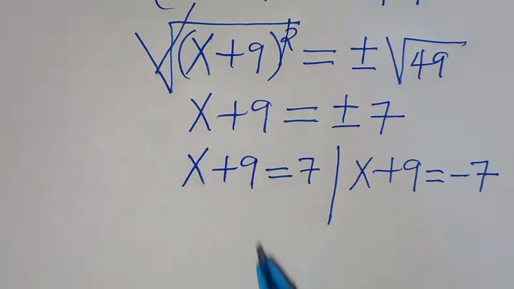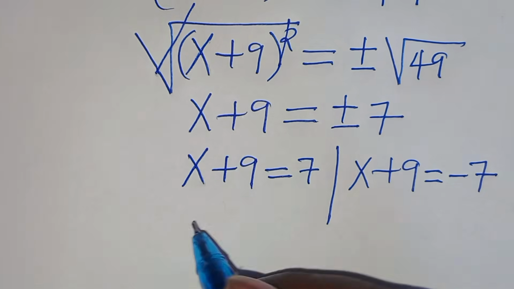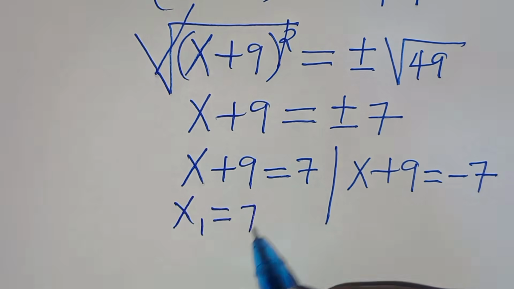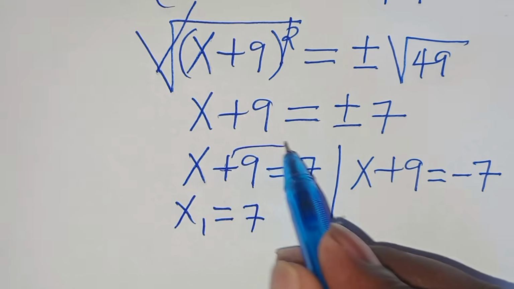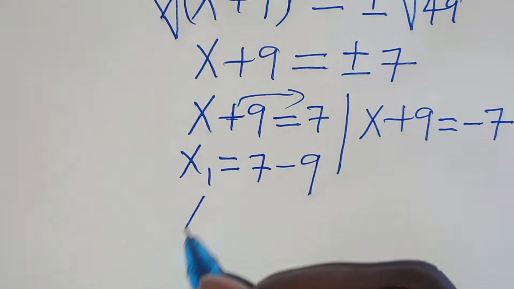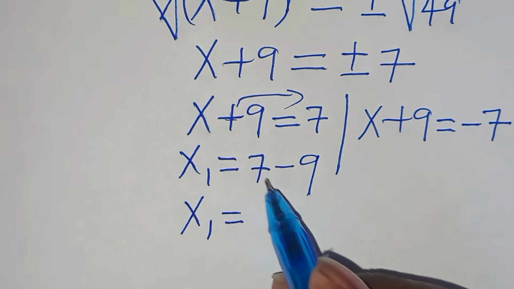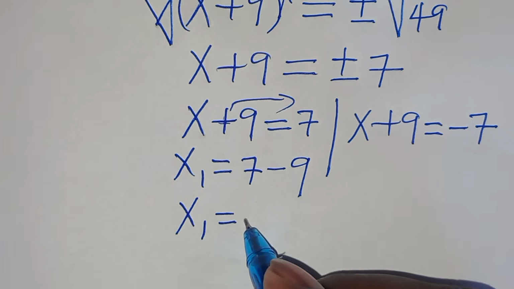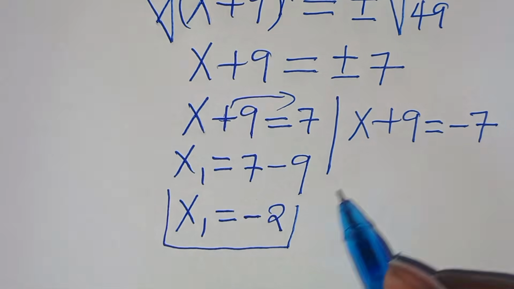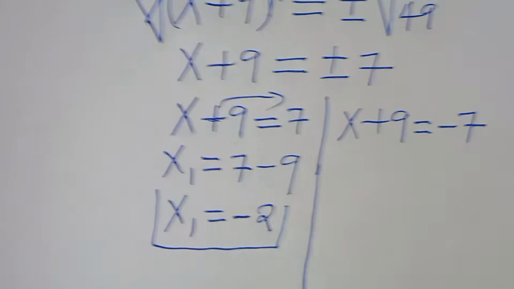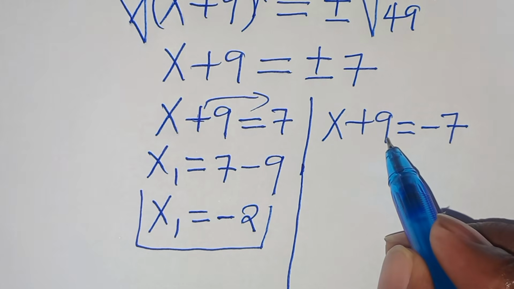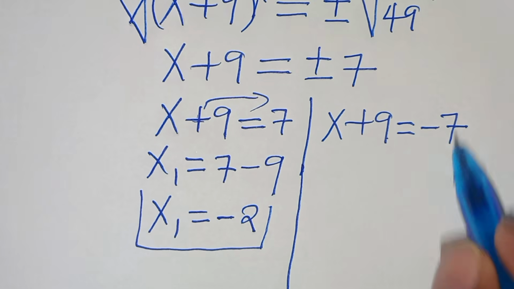In the first case, we have x1 = 7. Let's take plus 9 to the right hand side, so this becomes minus 9, and therefore x1 is 7 minus 9, which is equal to negative 2. We have the first value of x as minus 2. On the second part, we have x + 9 = minus 7.